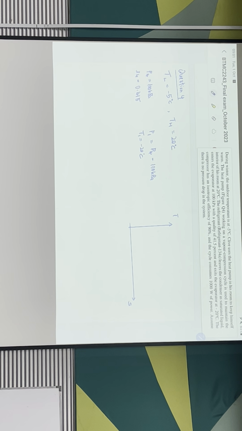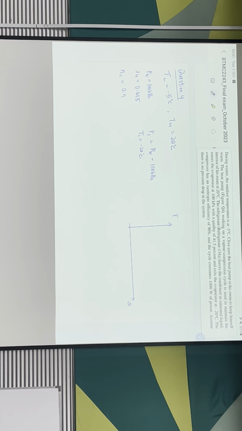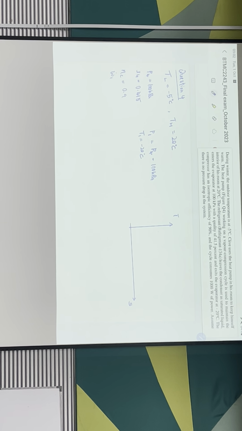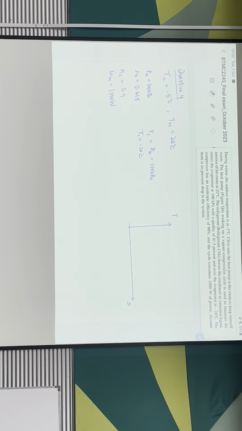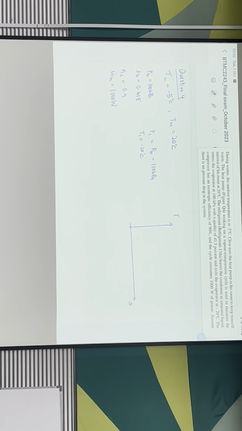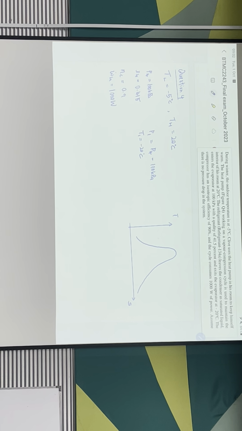So the compressor has an isentropic efficiency of 90%, and the cycle consumes 1000 watt of power. So this one, we can just say that this is the work in. Okay, now we can draw this.